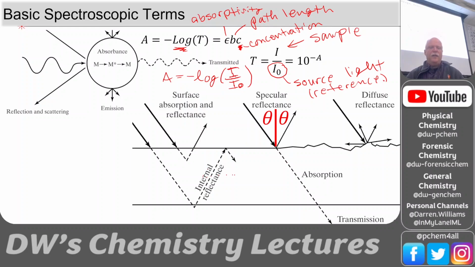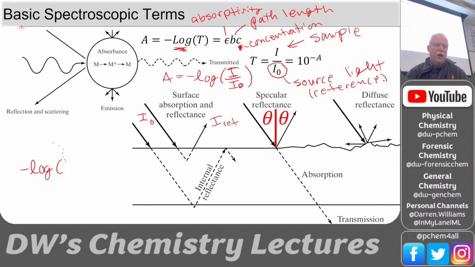Now, we could do reflectance too. If we were able to measure I naught coming in here, we could have the reflectance too. And we could take the minus log of that, and we could have the minus log of the reflectance.